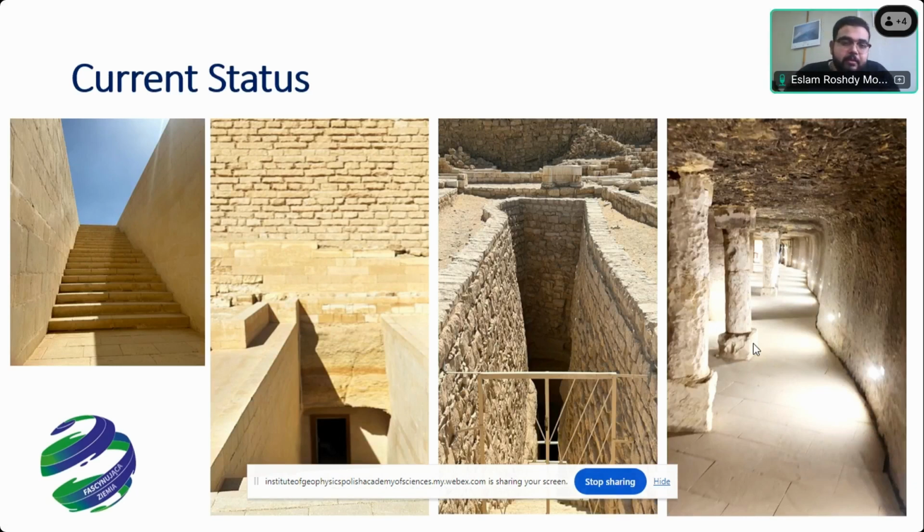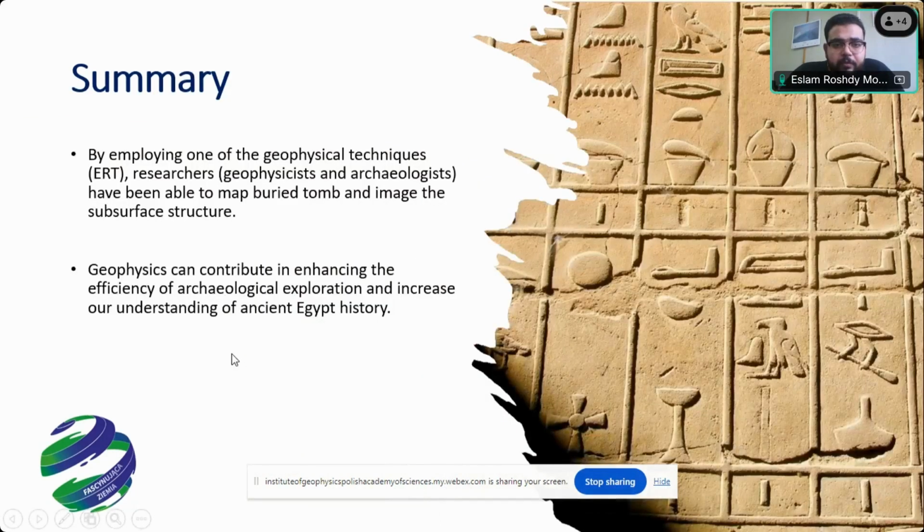To summarize this case study, by applying one of the geophysical techniques, called ERT, electrical resistivity tomography, researchers, geophysicists, and archaeologists have been able to map a buried tomb and image the subsurface structure, and geophysics can contribute to enhancing the efficiency of archaeological exploration and increase our understanding of ancient Egyptian history.